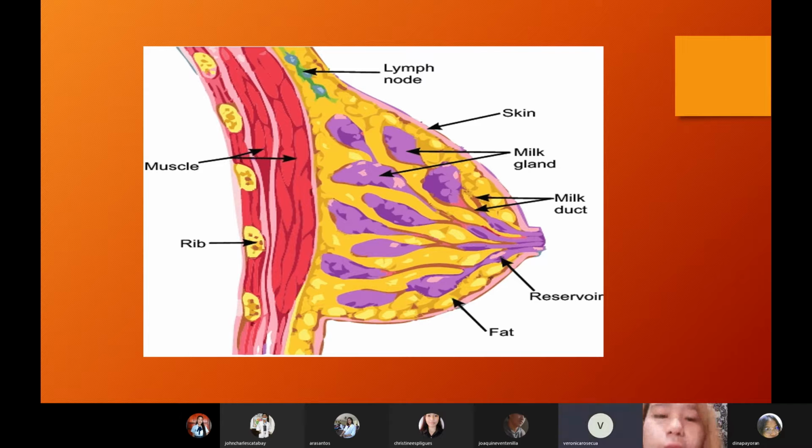Okay, very good. As you can see, it is the anatomy of the breast. So there is a lymph node there, the skin, the milk gland, milk duct, reservoir, pots, ribs, and muscles. Okay, thank you, Miss Veronica Rose.